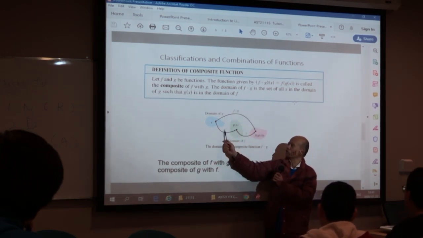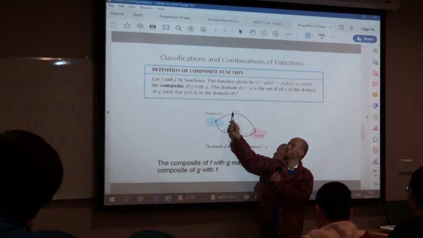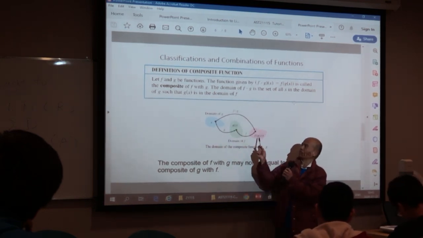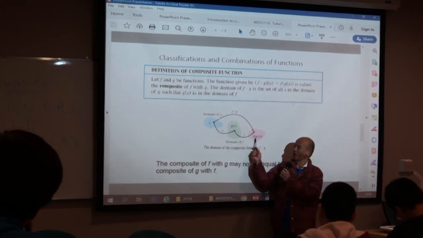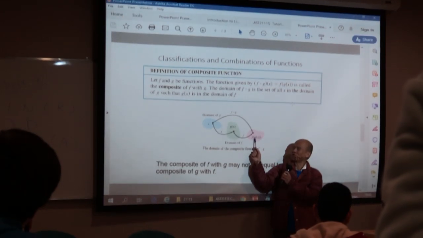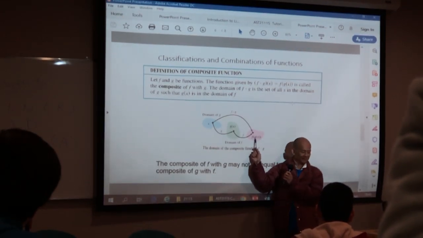The domain of g is the same as the domain of the composite function. Sometimes we write in this way, sometimes we write in this way. This way is easier to interpret. Function of a function. Okay?